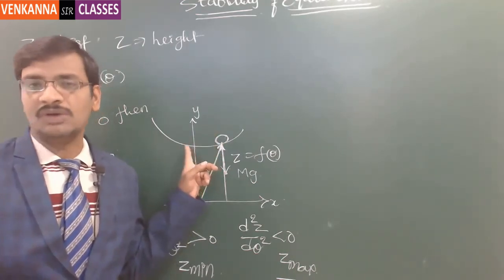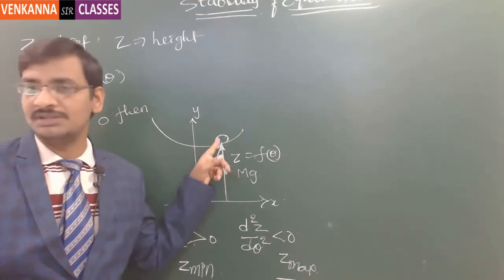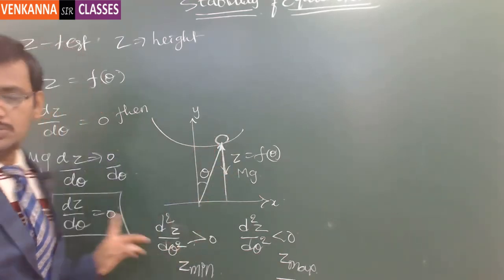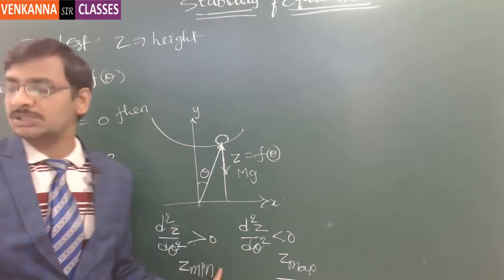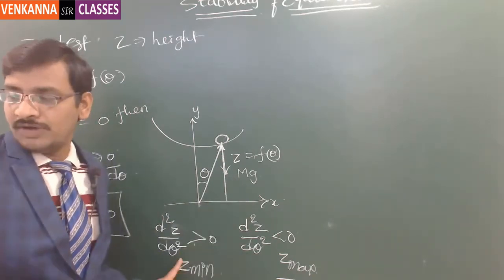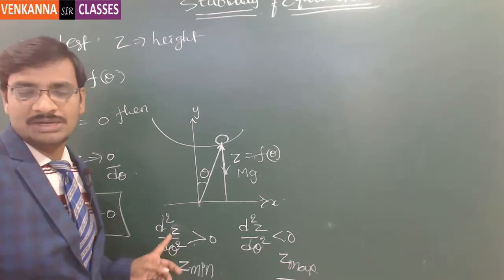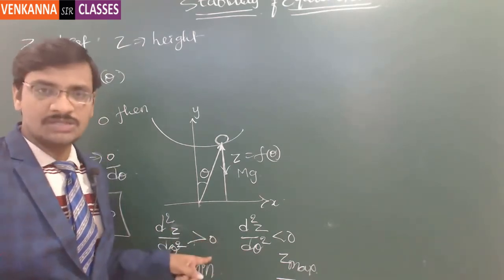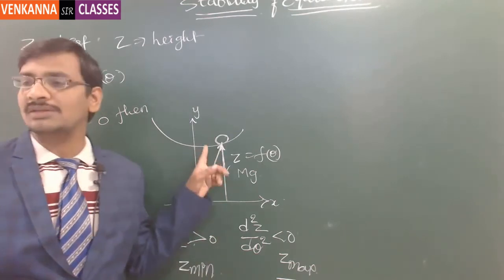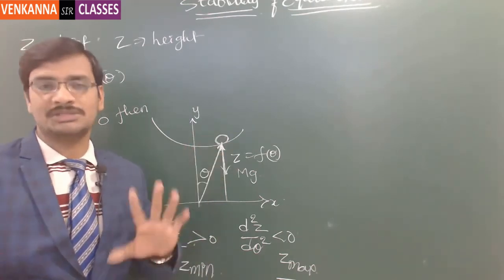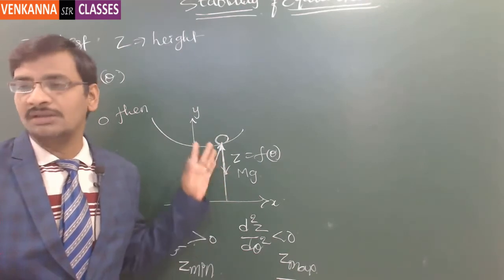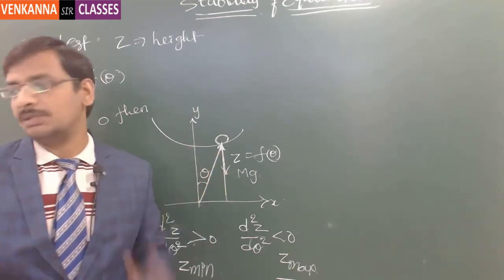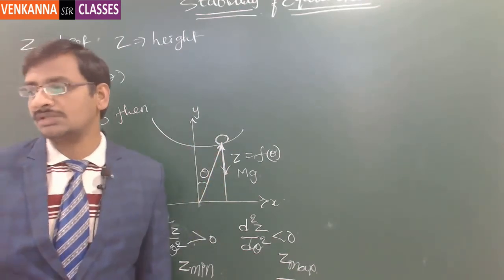For that, I will give a simple virtual displacement and try to assess dz by d theta and d square z by d theta square, and finally I will depend on whether d square z by d theta square is coming out positive or negative. If it is positive, then I can conclude that the equilibrium is stable. Otherwise I can conclude that the equilibrium is unstable. Got it? Understood or not this concept?